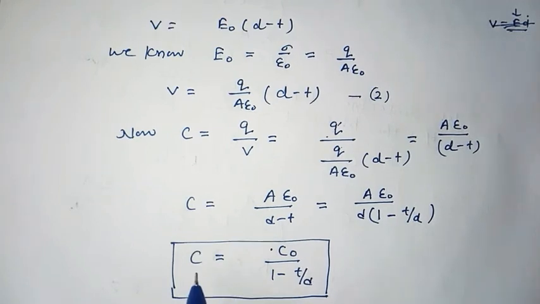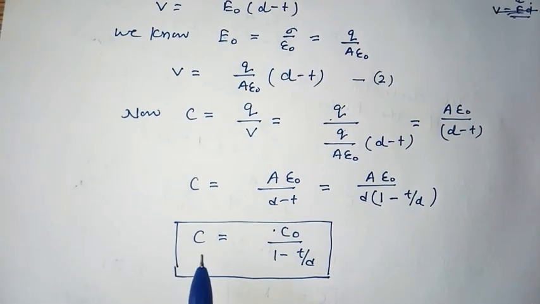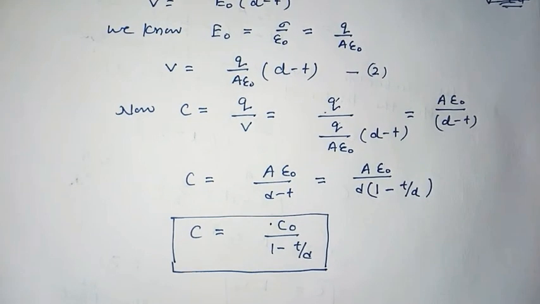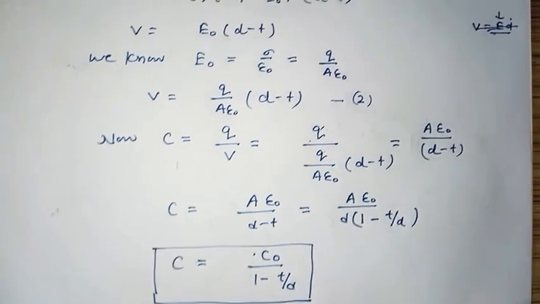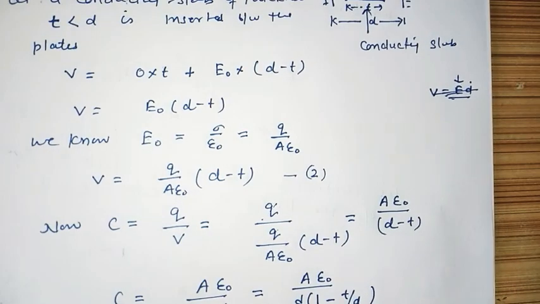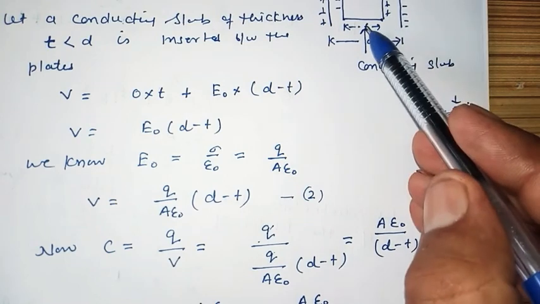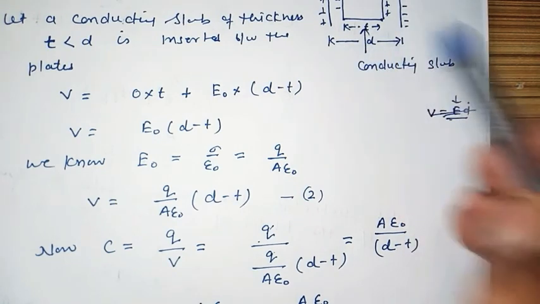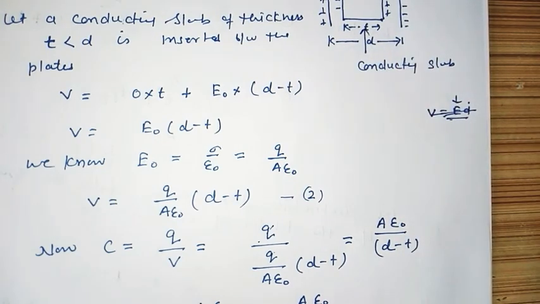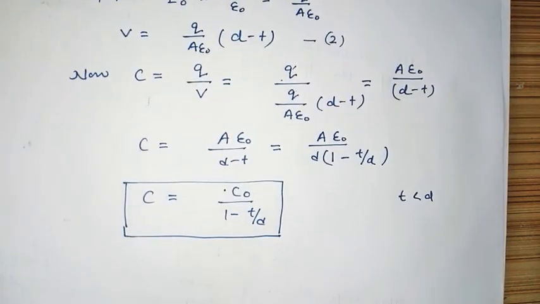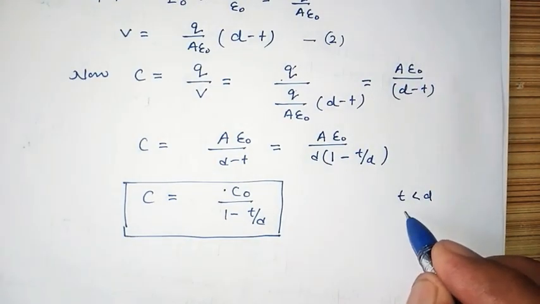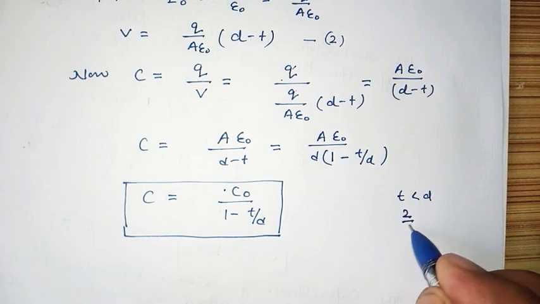So now what do we observe? Capacitance will increase on introducing the conducting slab. Why will it increase? You know, T is always less than D. T means the thickness of the conducting slab, and D is the distance between the plates. So T is less than D, right? Suppose T is 2 and D is 3.